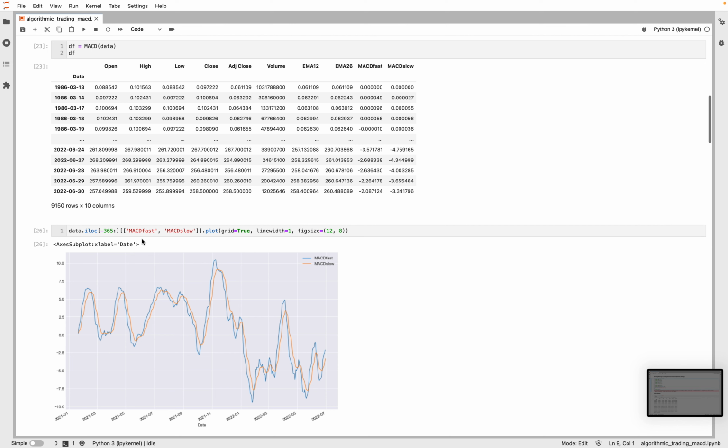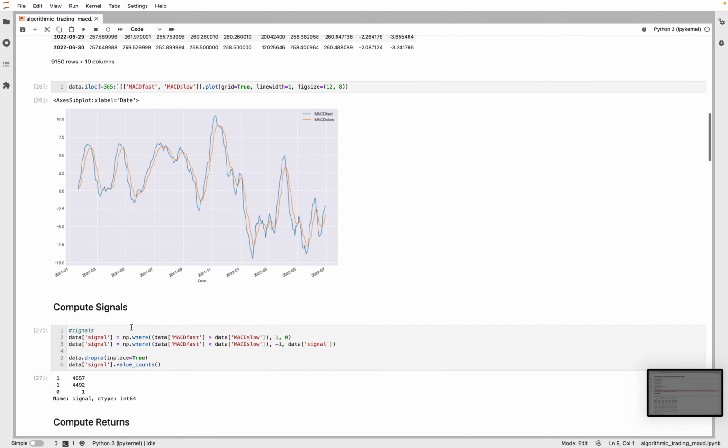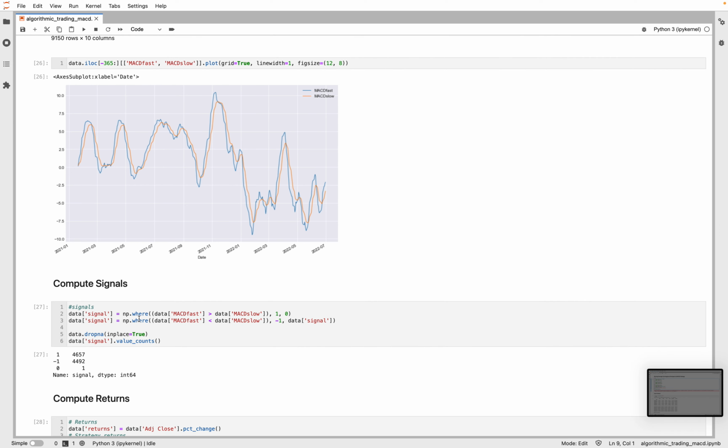So we plot the last 365 days for the MACD, the fast line and the slow line. We are supposed to get the signals when there is a cross. So let's compute the signals. We will go for a long position when the MACD fast line crosses above the MACD slow line, and we will go for a short position when the MACD fast line crosses below the MACD slow line.